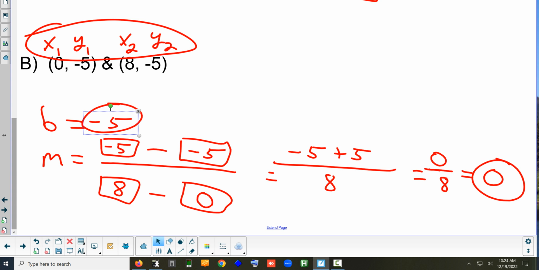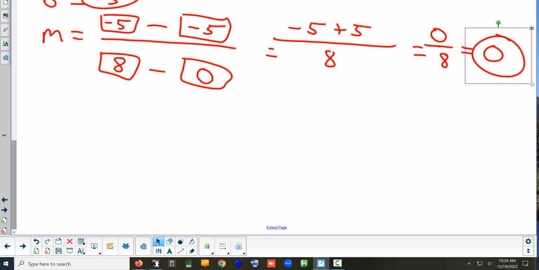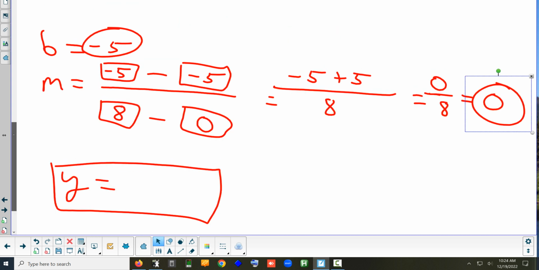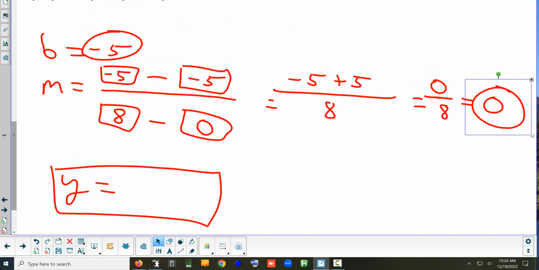What kind of line did we say earlier has a slope of 0? Horizontal. This is a horizontal line. And anyone think they can tell me what the equation would be? y equals 0x plus -5.